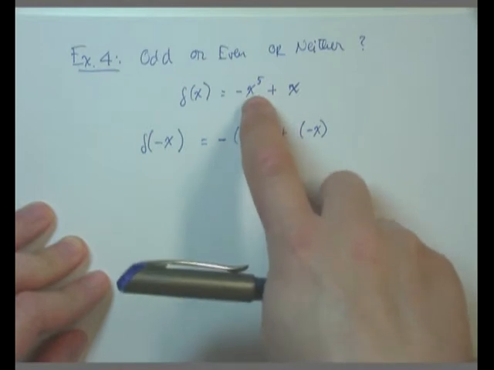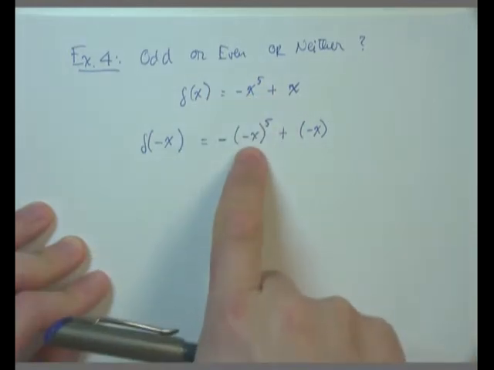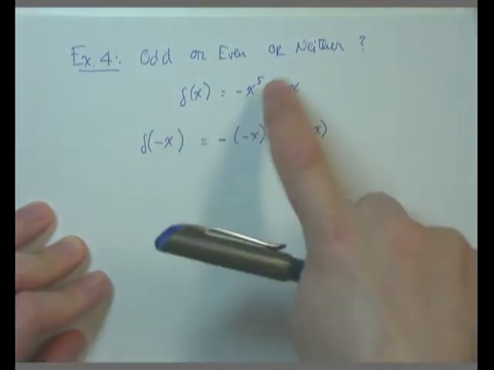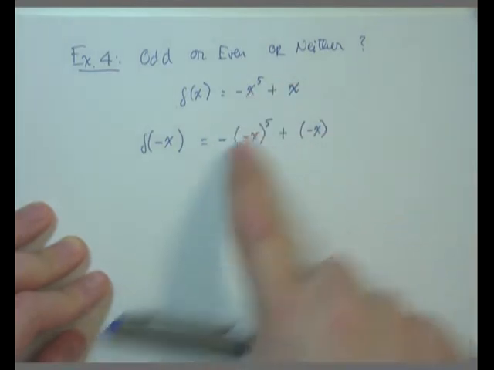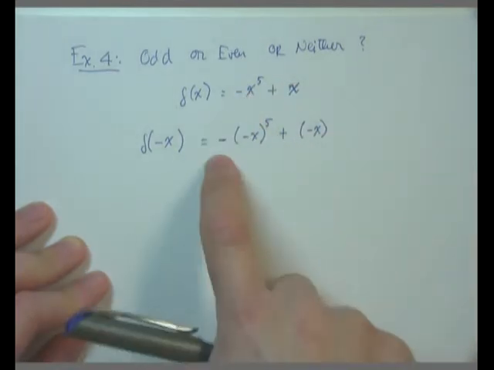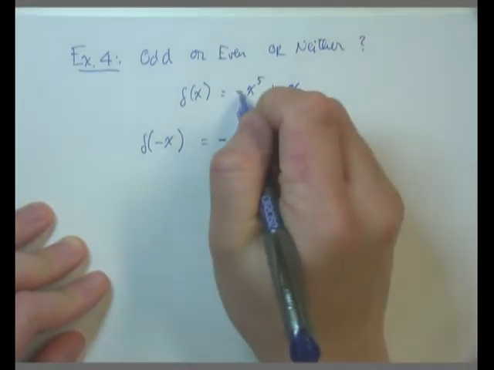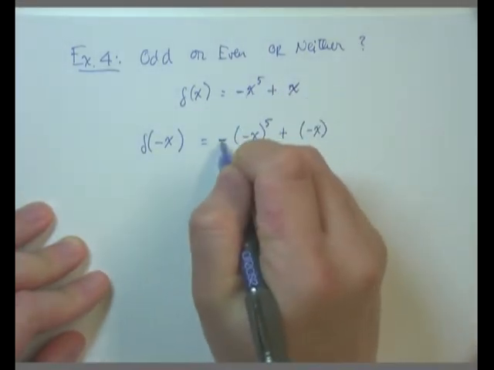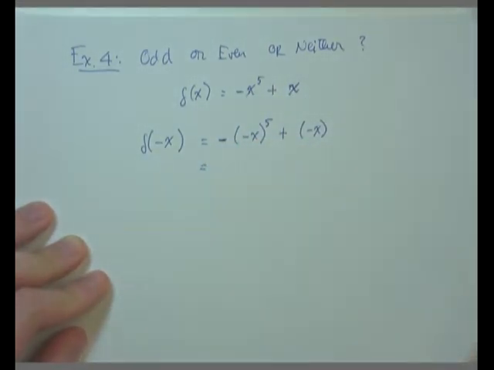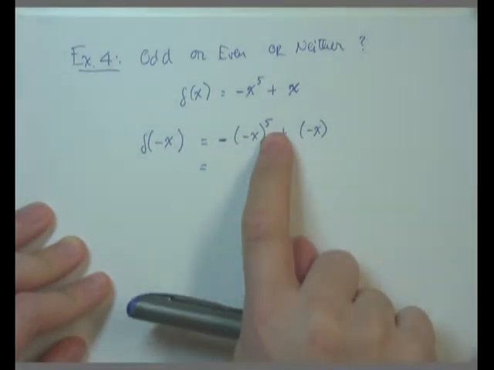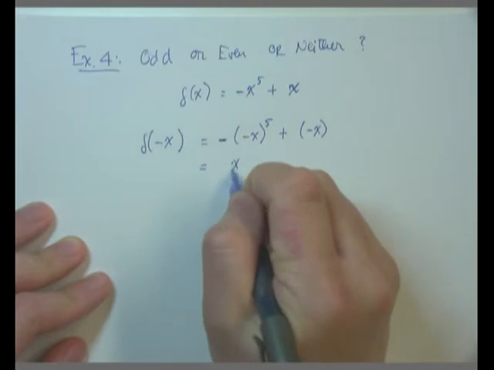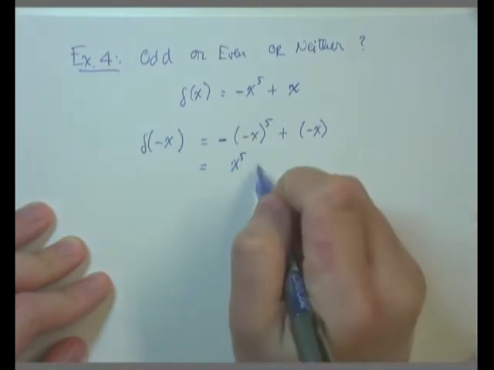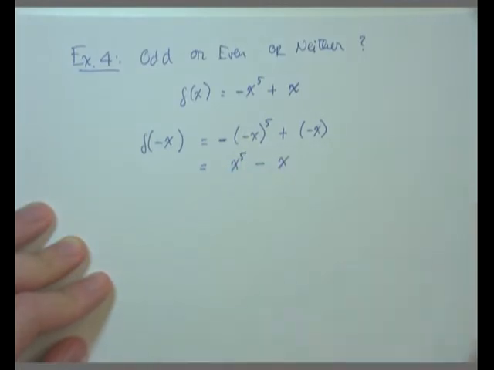I entirely replace the x, just the x, by a minus x, and the 5th power belongs to the input, but the minus sign in front does not belong to the x. So the minus sign keeps coming along. Now minus x all to the 5th power is minus x to the 5th. With a minus here, it becomes positive x to the 5th minus x altogether.